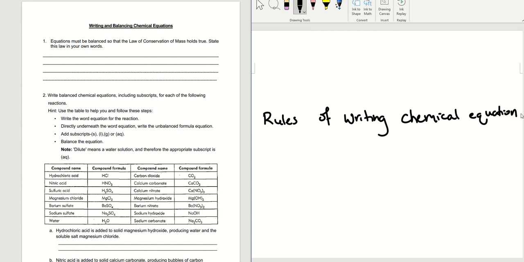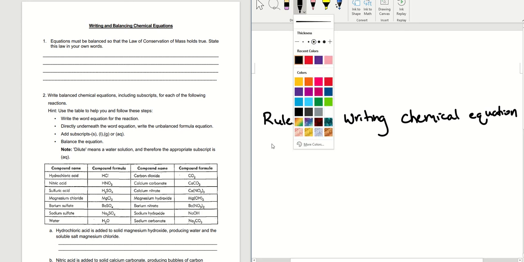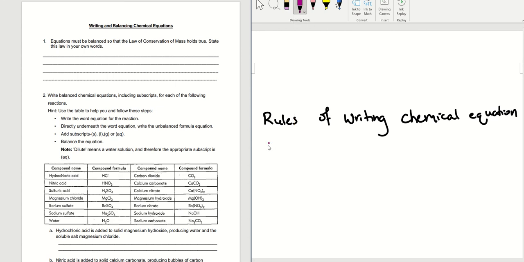And this is obviously basing off the worksheet you have on my left here. So the first thing we need to acknowledge is when it comes to writing chemical equations, you need to look at the word equation.